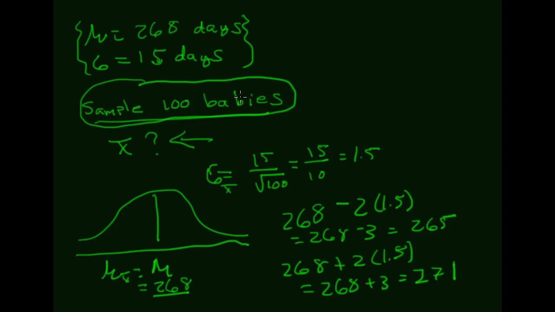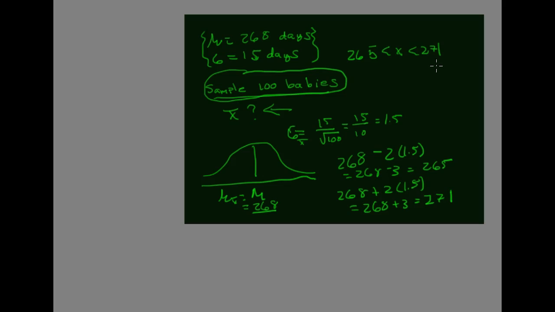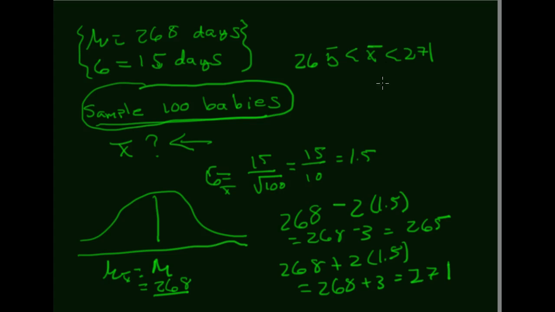So if I took a sample of 100 babies, the usual sample would have a mean between 265 and 271. If that mean was outside of that range, this would be an unusual collection of babies, or there would be something wrong with my assumptions here. So, on average, if I take a sample of 100 babies, I should find that the mean of their pregnancies, not each baby's, but the mean of 100 of them, should be between 265 and 271 as far as the number of days. And we'll get into some of the central tendency arguments as to why that happens.